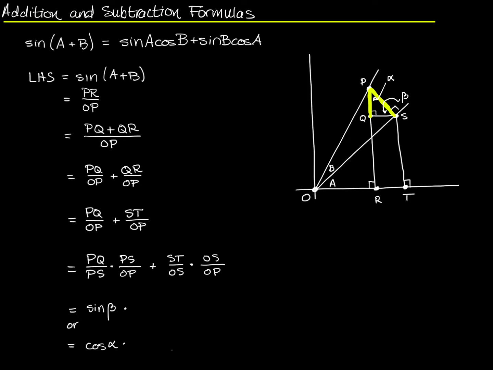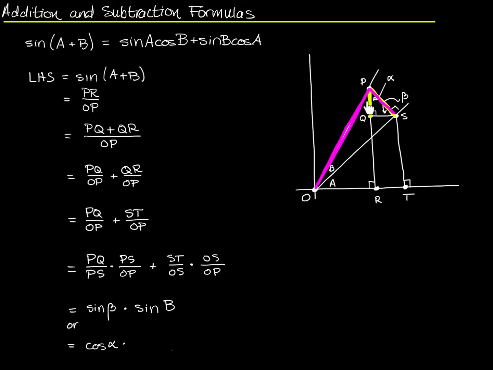Then I'm going to multiply that by PS over OP. I'll use a different color. PS and OP are this line segment and this line segment. And so now I have either, from the perspective of B, the opposite over the hypotenuse, which means I have the sine of B, or I have the cosine of this angle up here.